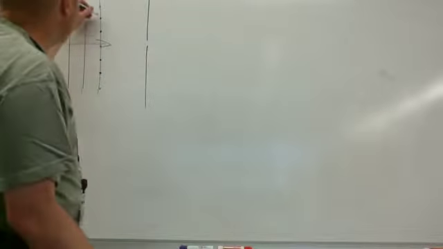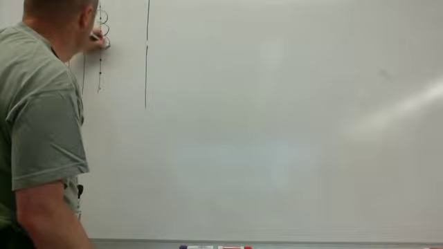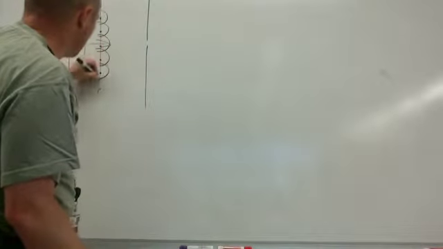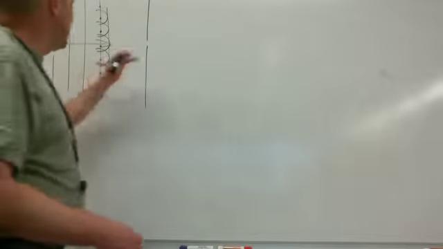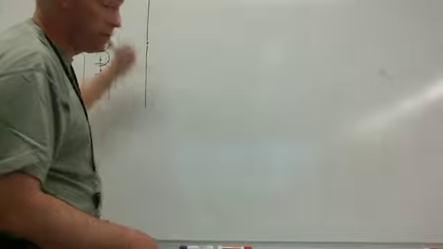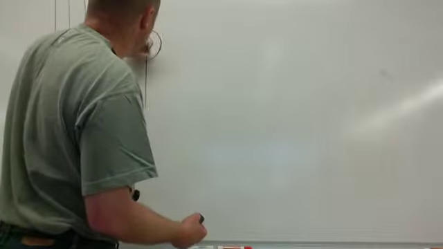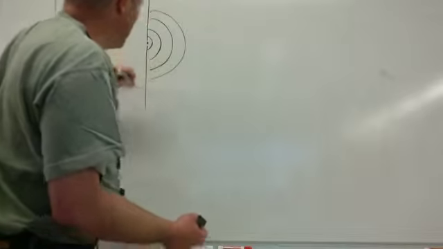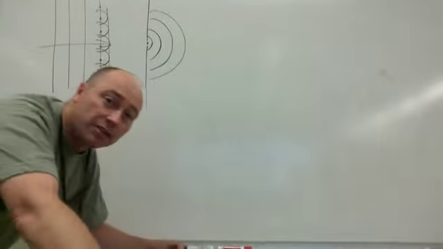So this is going out, this is going out, and when they interfere, you get that wavefront again. If that hits right here, it's going to go out like this. And again, the reason why, according to Huygens' principle, is that every point along the wavefront acts as a point source.